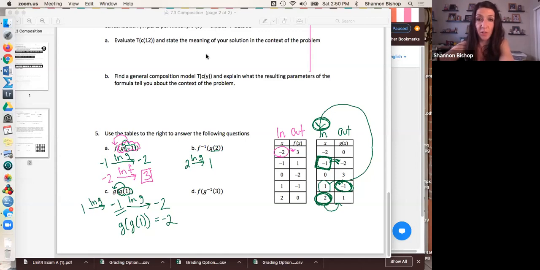So even though the answer is 1, I am now going to turn around and use that 1. So take that whole answer and plug it in to this creature. Okay, check it out. I need to plug it in to the inverse. That is what that notation says. Okay, look at my 2 tables.